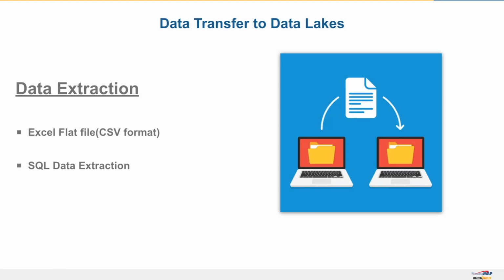This enables you to do further data analysis if you have some third party tools like Power BI, in which you can use this as an input to do further analysis. So that's all from me on the data extraction topic.